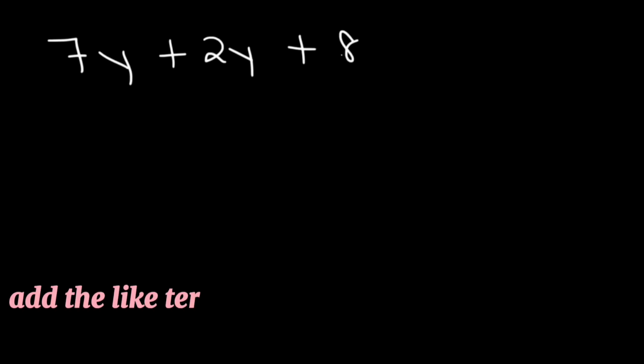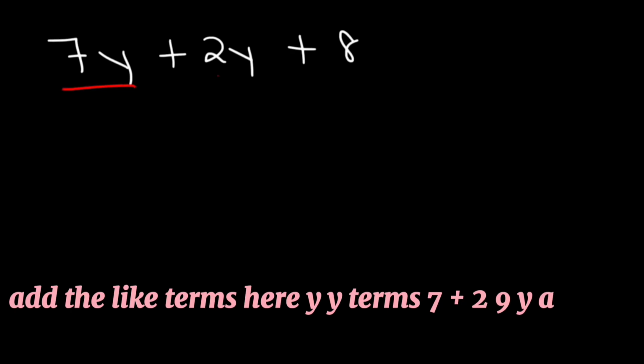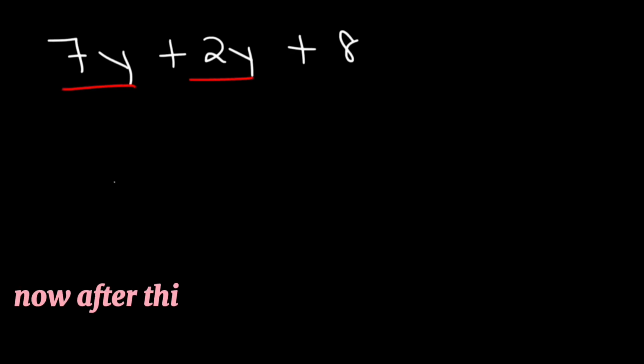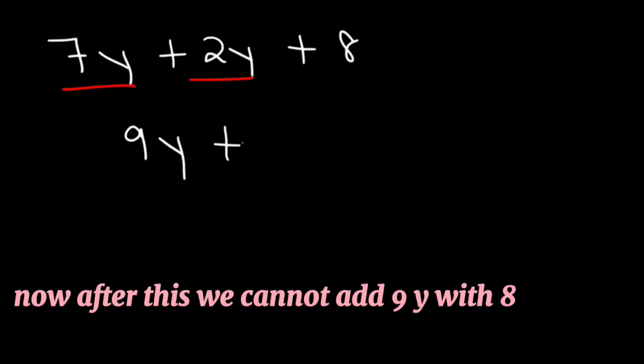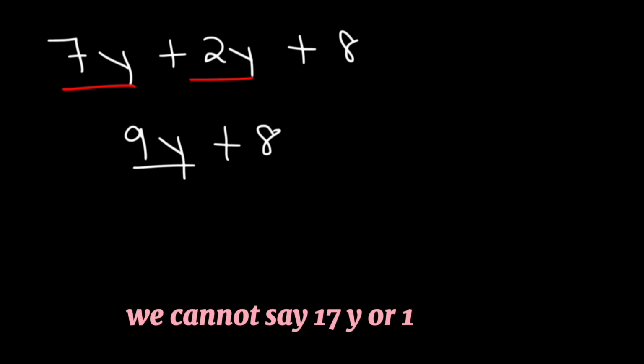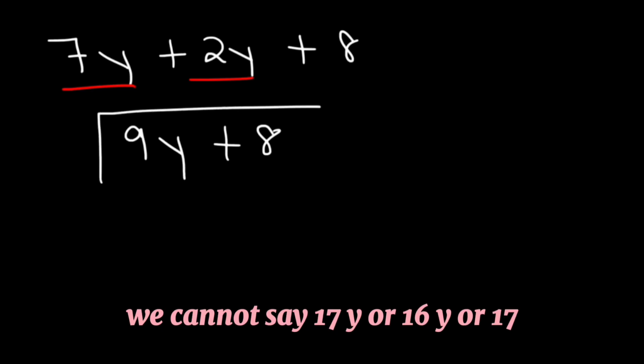Add the like terms here, the y terms, 7 plus 2, 9y, and the constant 8, so 9y plus 8. Now we cannot add 9y with 8 because 8 is a constant. It doesn't contain a variable y. We cannot say 17y or 16y or 17. Simply write 9y plus 8.